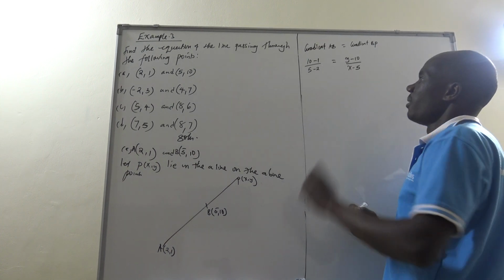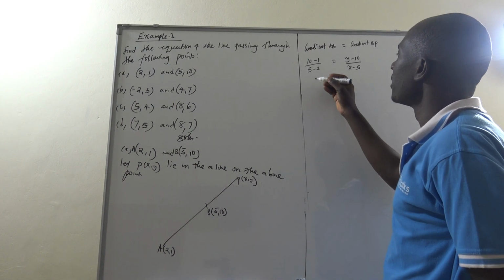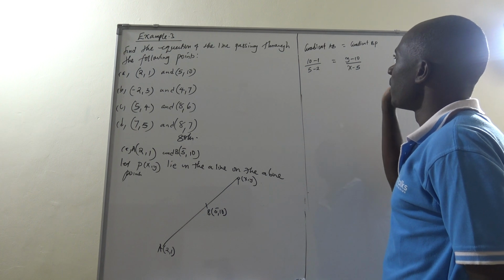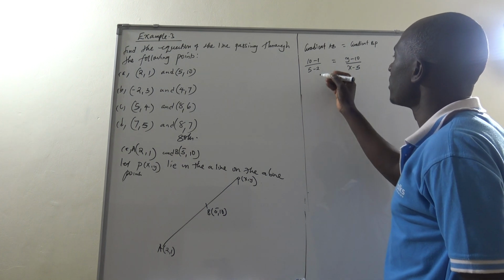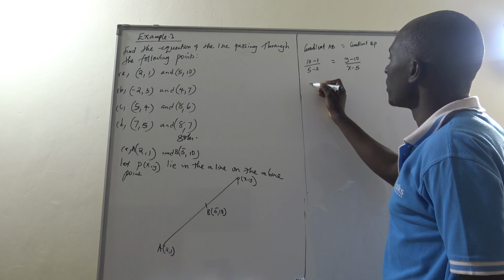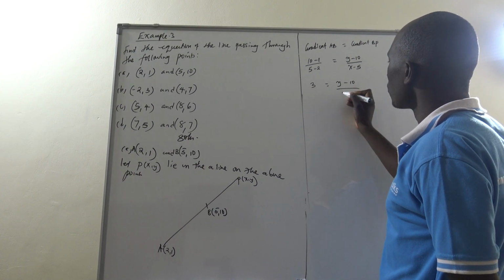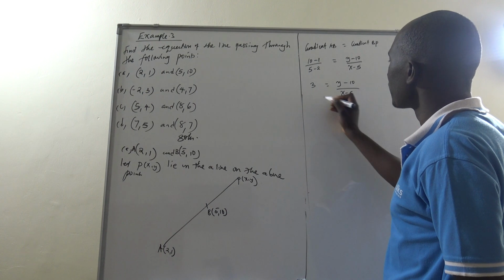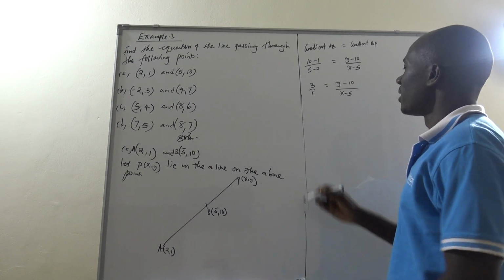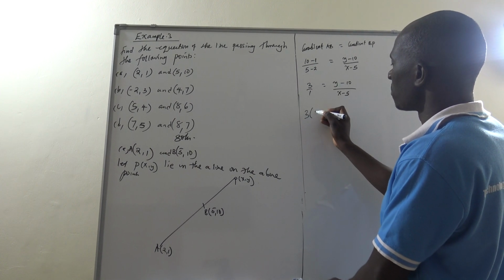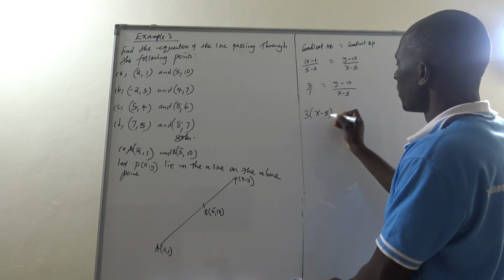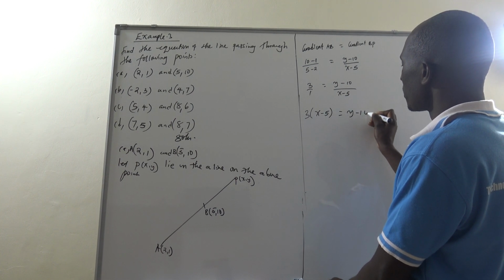So 10 minus 1, we are coming out with 9. 5 minus 2 is 3. 9 divided by 3, we are getting 3, which is equal to y minus 10 over x minus 5. We cross multiply. We are going to have 3 times (x minus 5) equal to y minus 10.